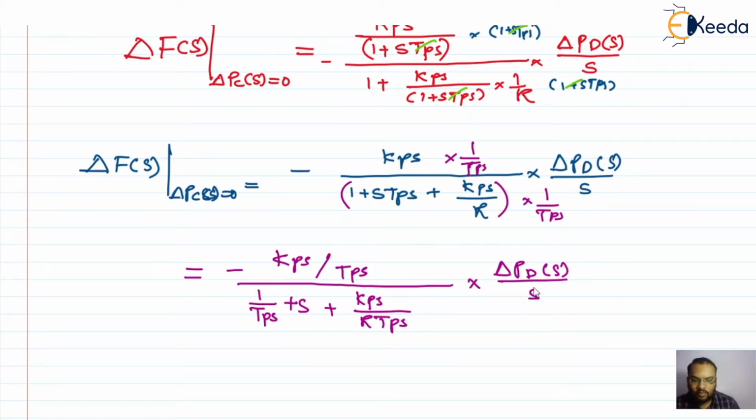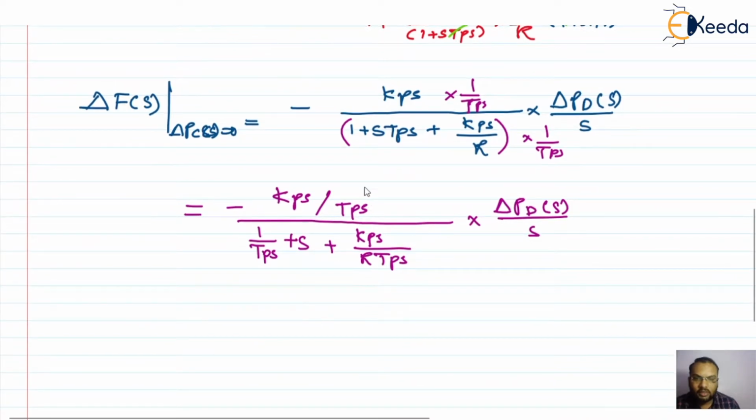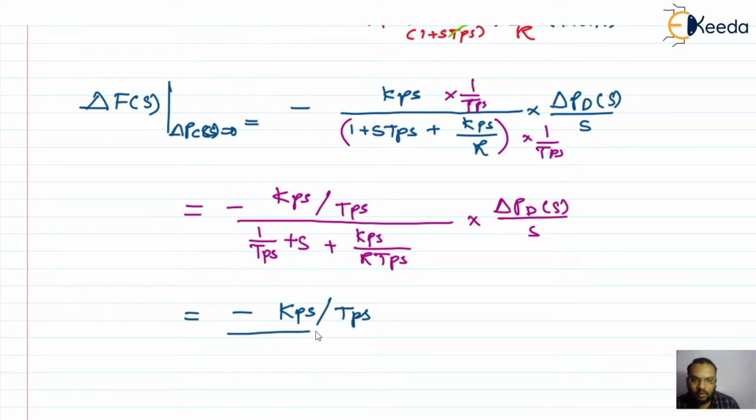Let us rearrange these terms in the denominator. We get minus KPS divided by TPS, divided by, let me bring that s term here, s into s plus these two terms, one divided by TPS plus KPS divided by R TPS.